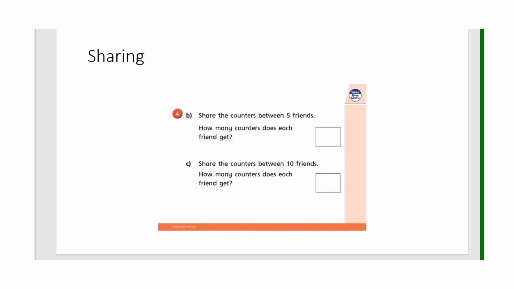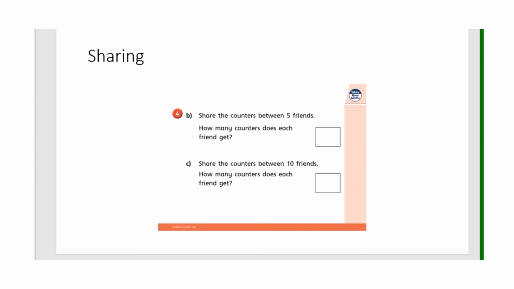Now it's saying, have a go at this one. You've got 30 counters, so you do need 30 counters or 30 pieces of Lego or 30 pasta shapes. Share the counters between 5 friends. How many counters does each friend get? So you need to have 5 groups, or 5 plates.